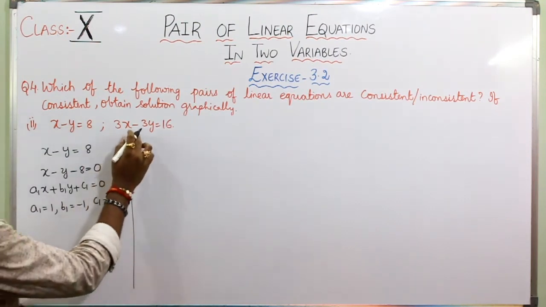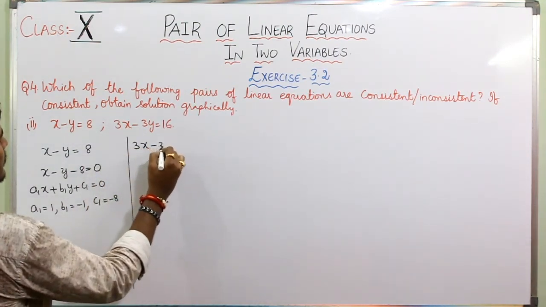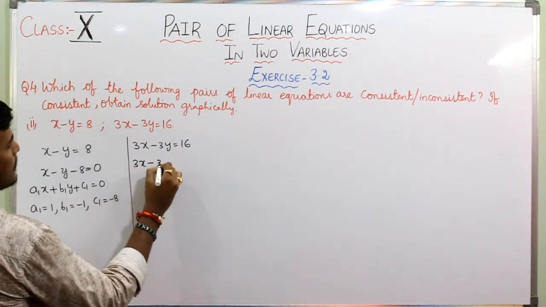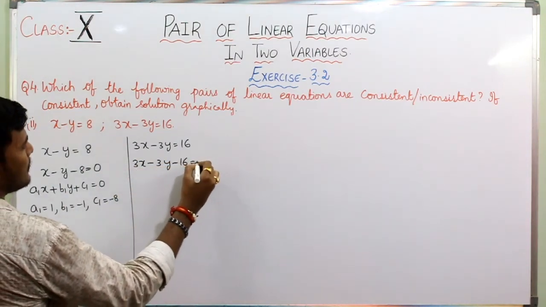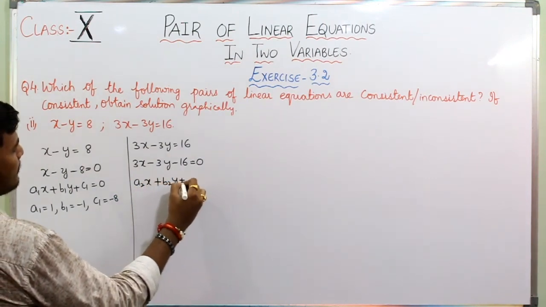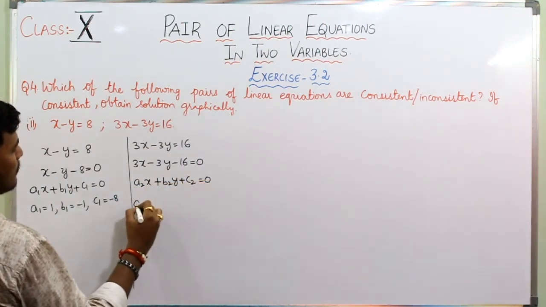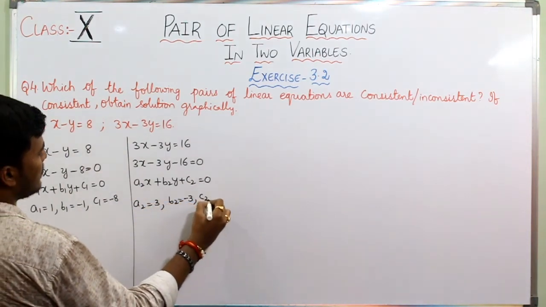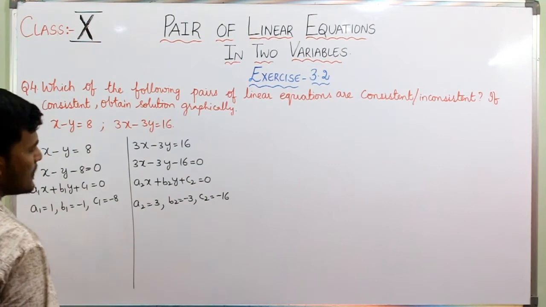Now similarly consider the second equation, 3x minus 3y is equal to 16. Then you can write it as 3x minus 3y minus 16 is equal to 0. Compare it with a2x plus b2y plus c2 is equal to 0. Then a2 is equal to 3, b2 is equal to minus 3, c2 is equal to minus 16.